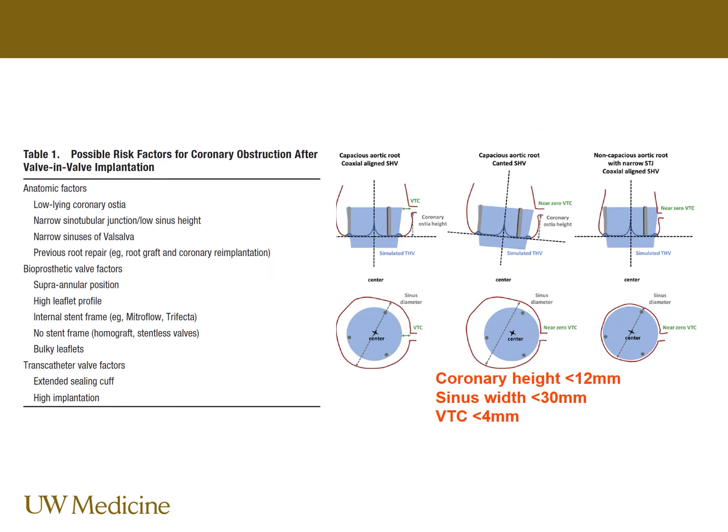When looking at the actual risk for coronary obstruction, as we mentioned, there is the sinuses, which create a measurement which is called the valve to coronary distance.